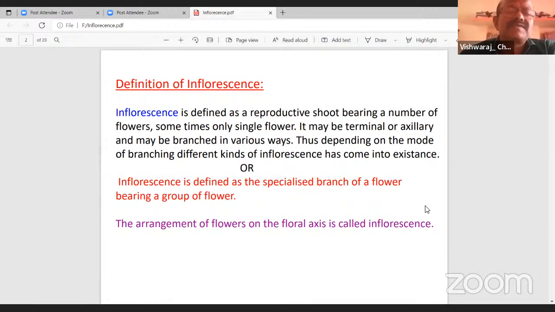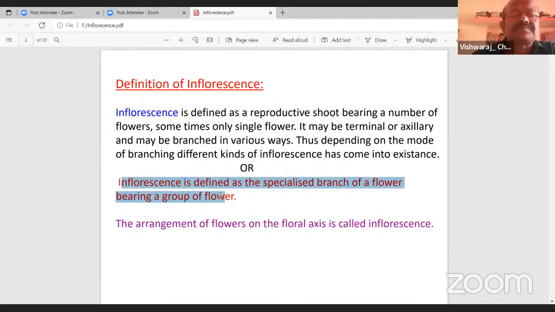Our next definition: inflorescence is defined as the specialized branch of flower bearing a group of flowers.